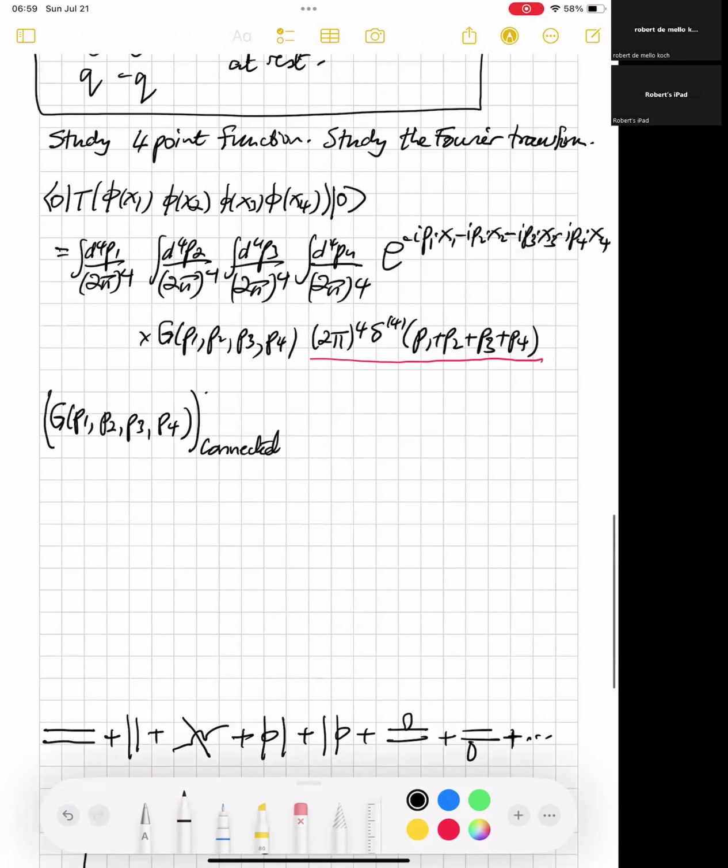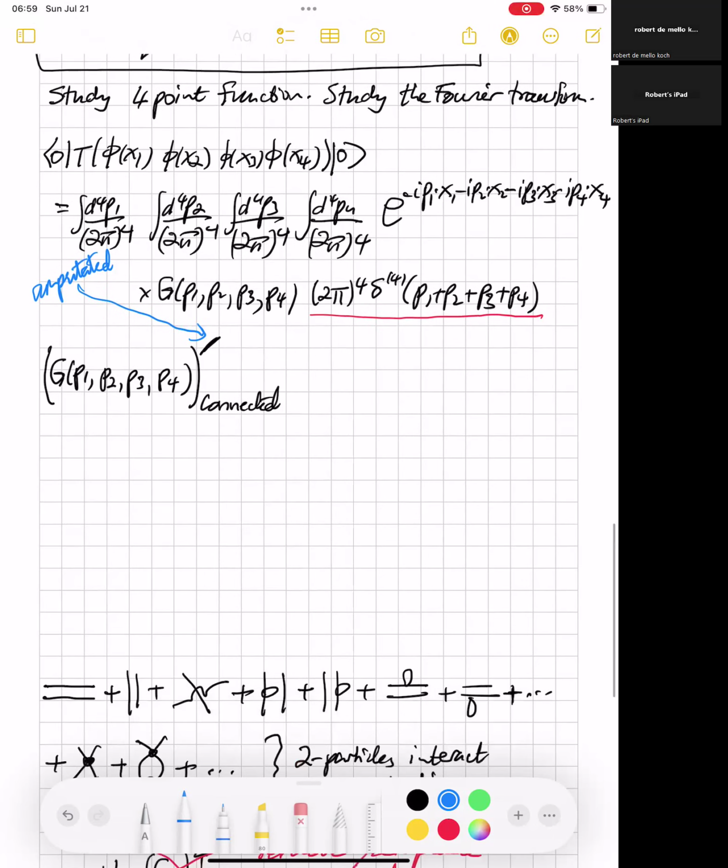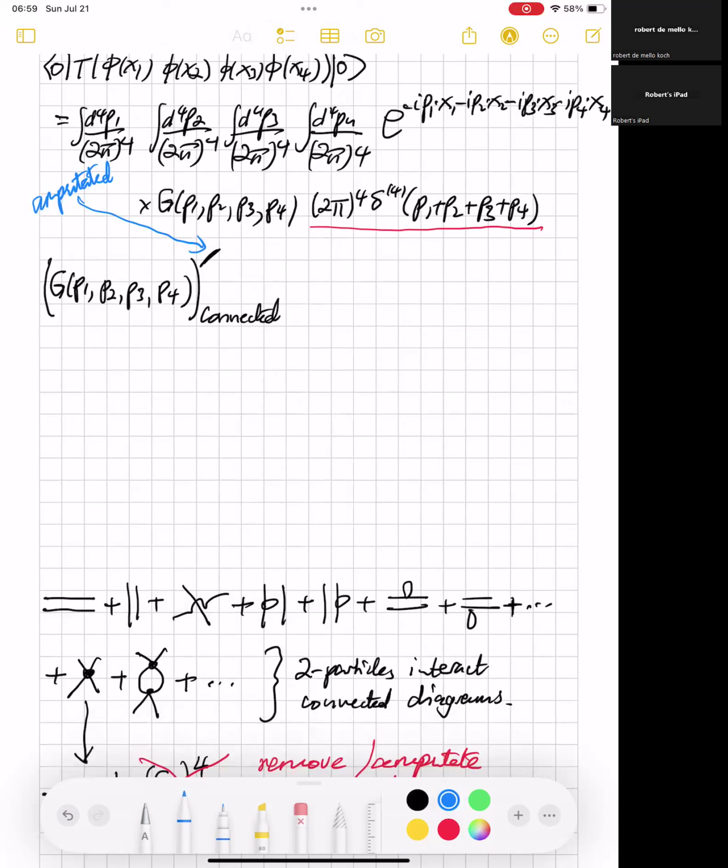So we include a little prime here, and this means amputated, okay? So you've removed the external legs. Amputated 4-point function, okay? So you've just removed the external legs.